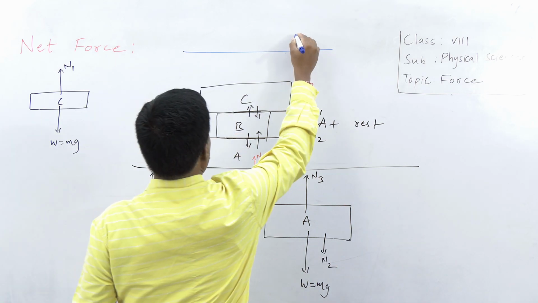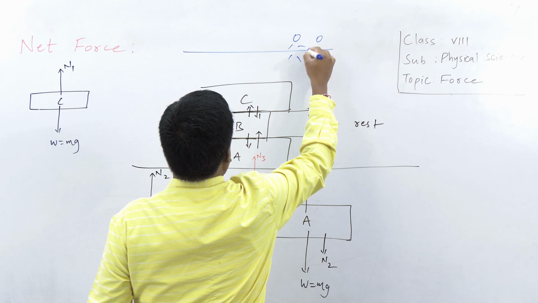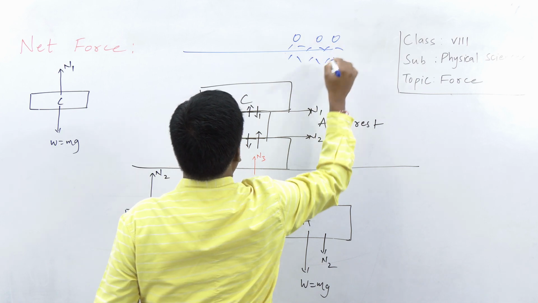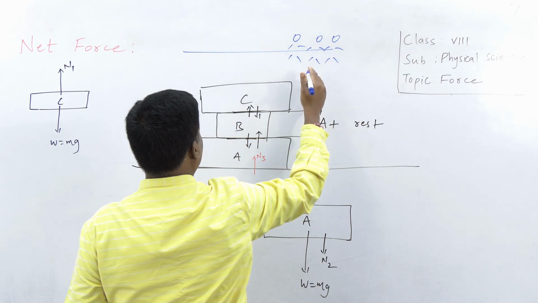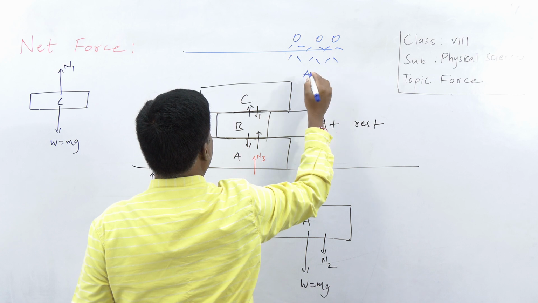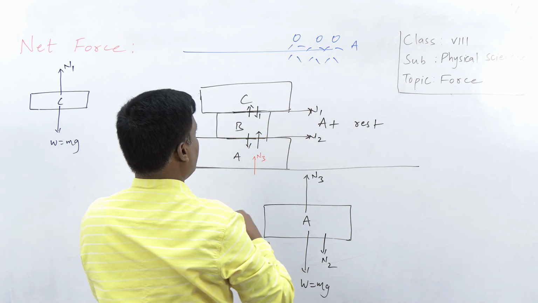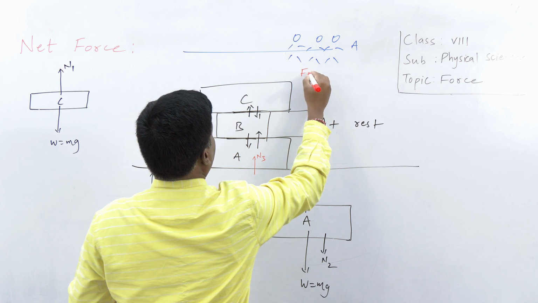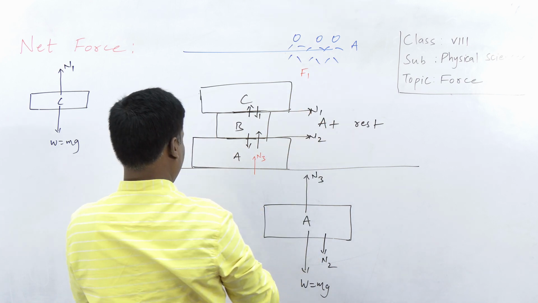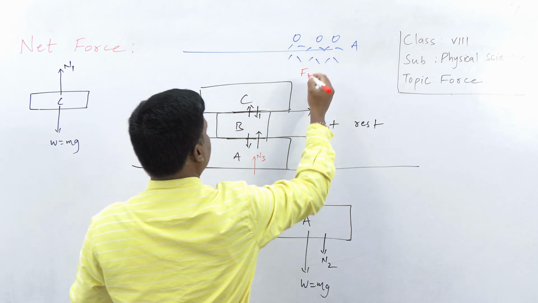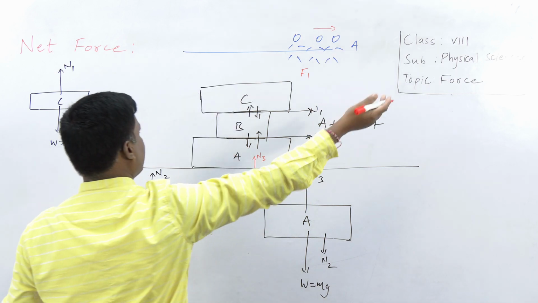So here you see, let's say this is a group of people pulling the rope. They are exerting force on the rope. Let's say this is group A and the force exerted by group A is F1. They are exerting force F1 in which direction? This direction, the right side.